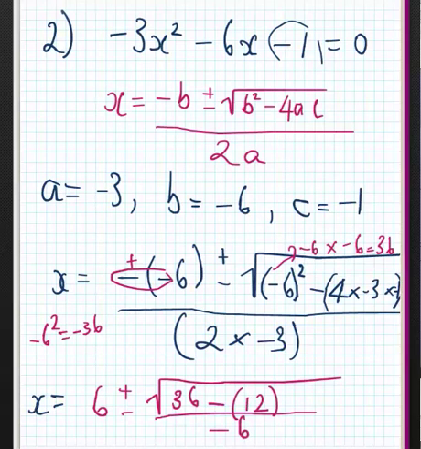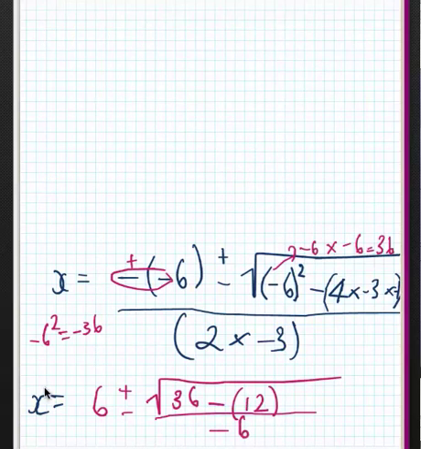And I'll just make some more room. Just continuing. Now, in here, we've got 36 minus a 12. We end up with, because a negative times a positive 12 is a negative 12, 36 minus 12 is 24.